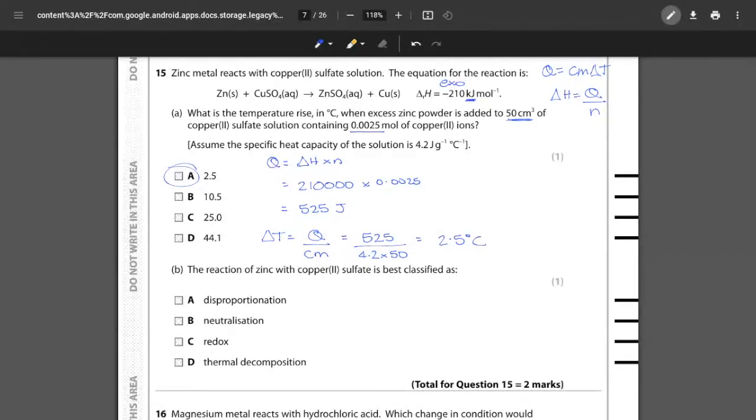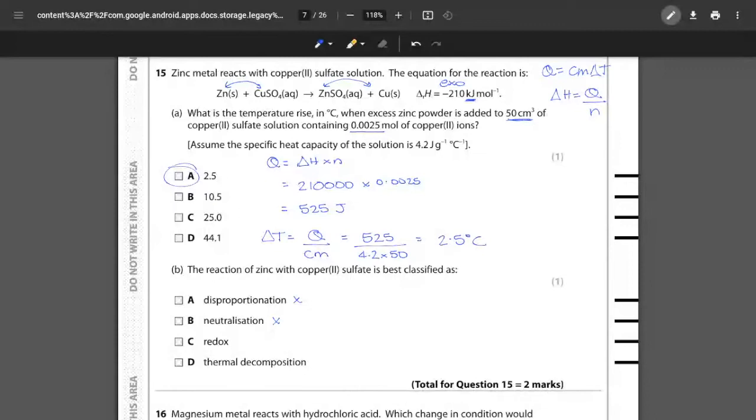Part B is then looking at what is this reaction. So the zinc with the copper 2 sulfate, well, if we look at what's happening here, essentially the zinc and the copper are changing places. Now, that means it's not a disproportionation because I don't have that change in oxidation number both for oxidation and reduction of one species. It's not a neutralization because there are no acids and bases here.